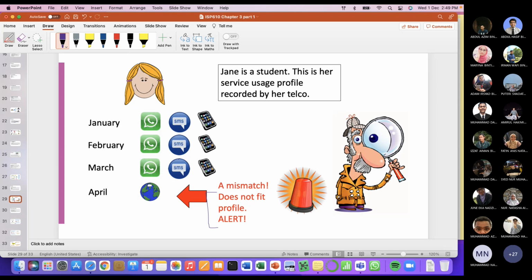Because different companies have different styles of action. Another example is credit cards.